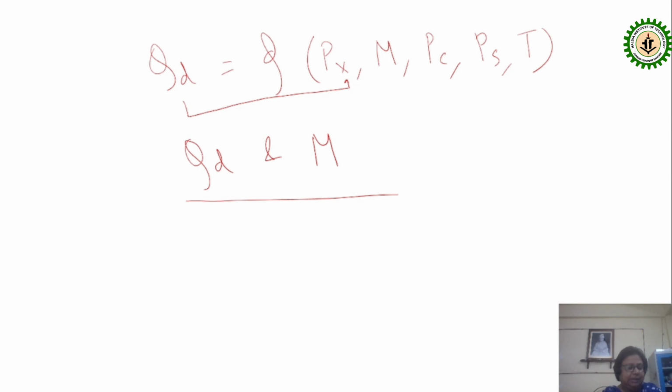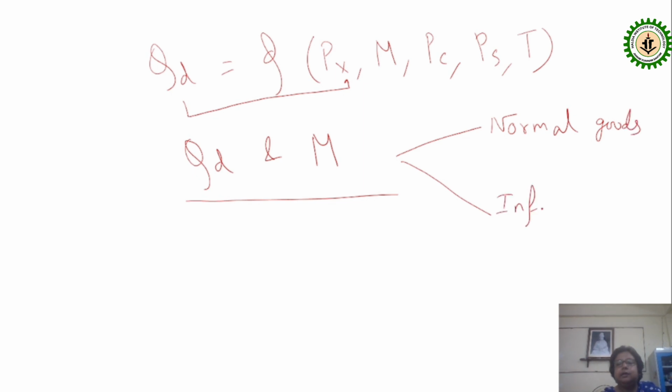Normal goods are generally the daily goods which we require on a regular basis. So we will judge the relation for two: one is normal goods and another is inferior goods.